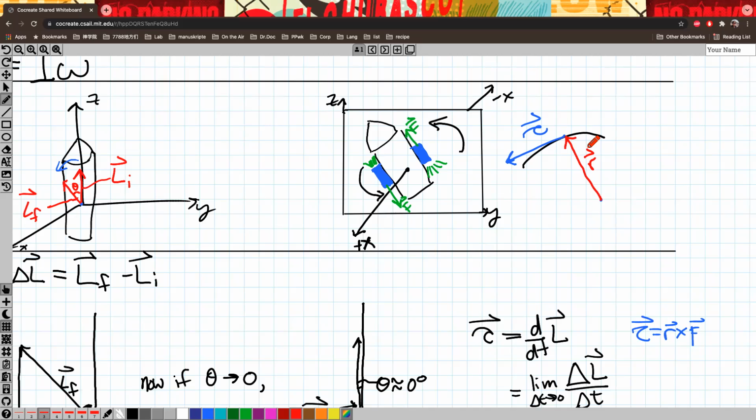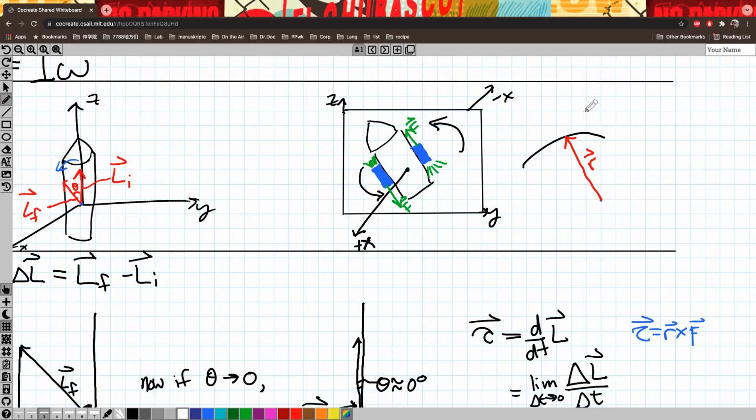Sorry, the torque vector should be at the center of mass. So R cross F would be... okay, so that R you just drew in red, is that in the rocket exactly?